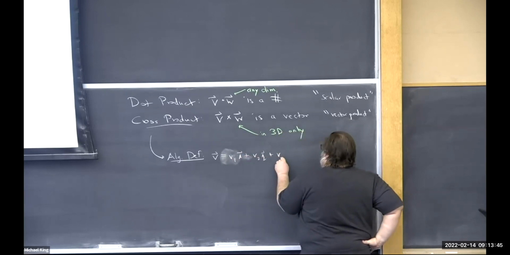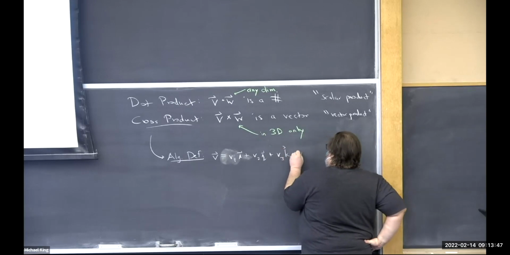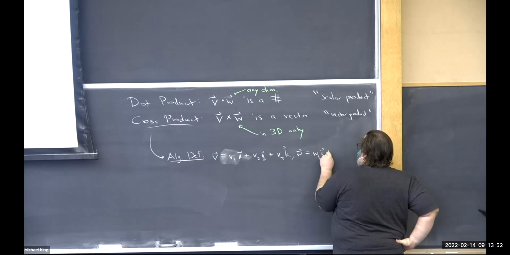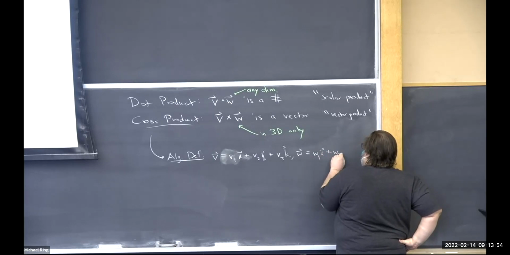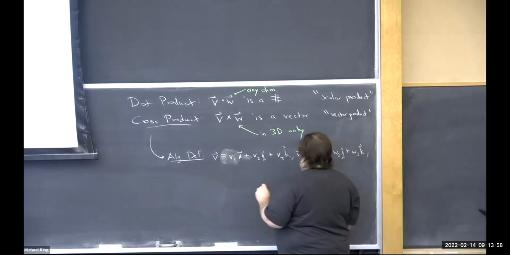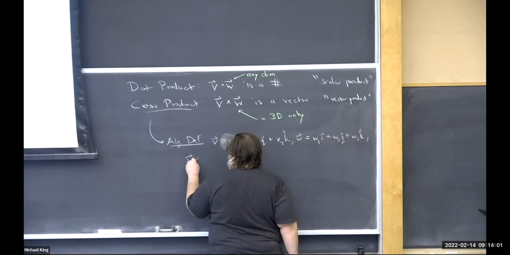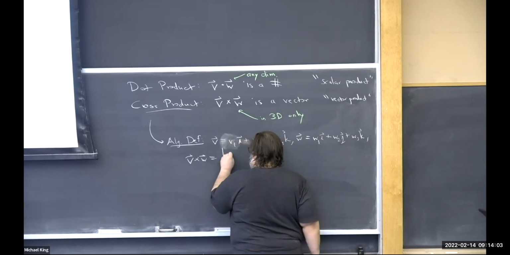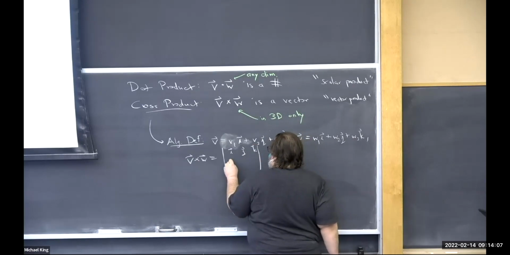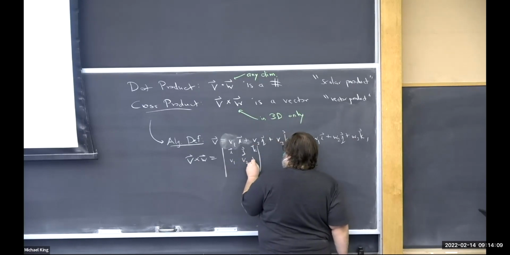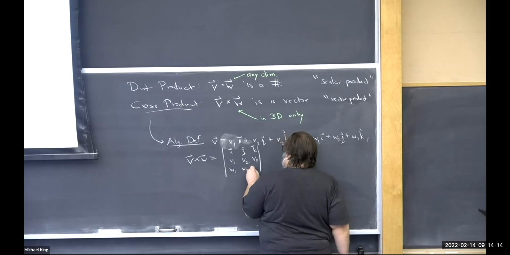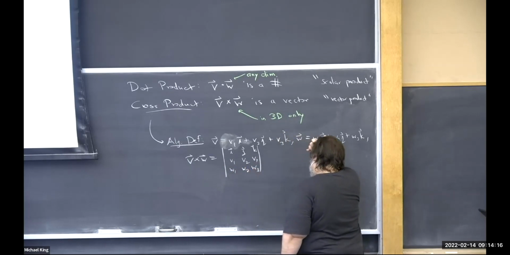So if we write these vectors as components, a sub 1, sub 2, sub 3, then this is given by this 3 by 3 determinant, where you put i, j, k in the first row, the components of v in the second row, and the components of w in the third row.